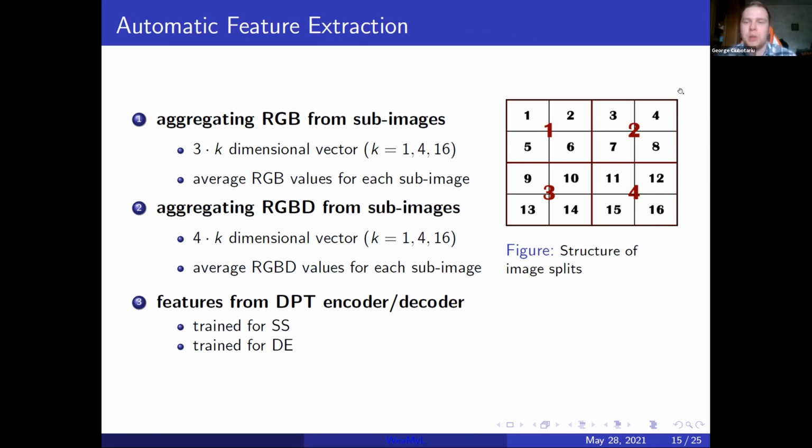When k equals 1, we aggregate the features from the whole image. If k is equal to 4, we split it into quarters, and if k equals 16, we split it into 4 more quarters. Also, for the DPT encoder-decoder, we are going to consider it being trained for semantic segmentation and depth estimation to see how well the transfer learning performs for our task.